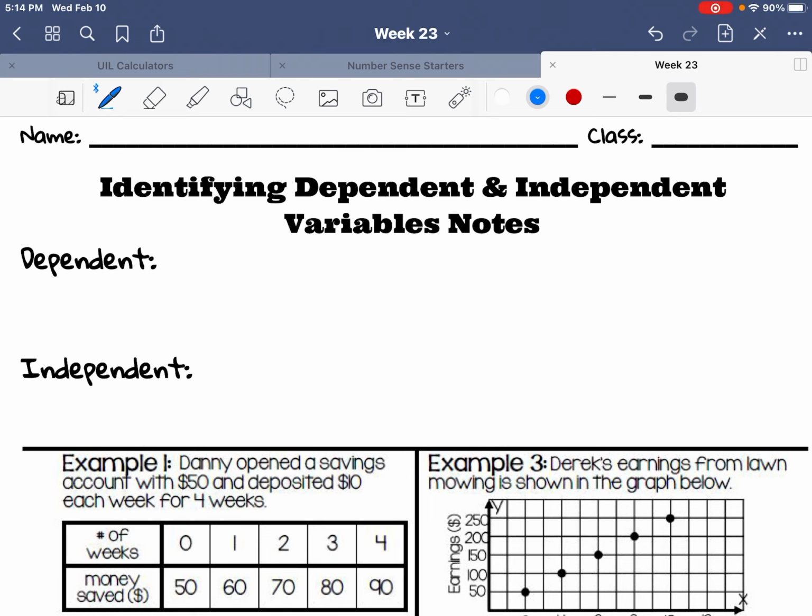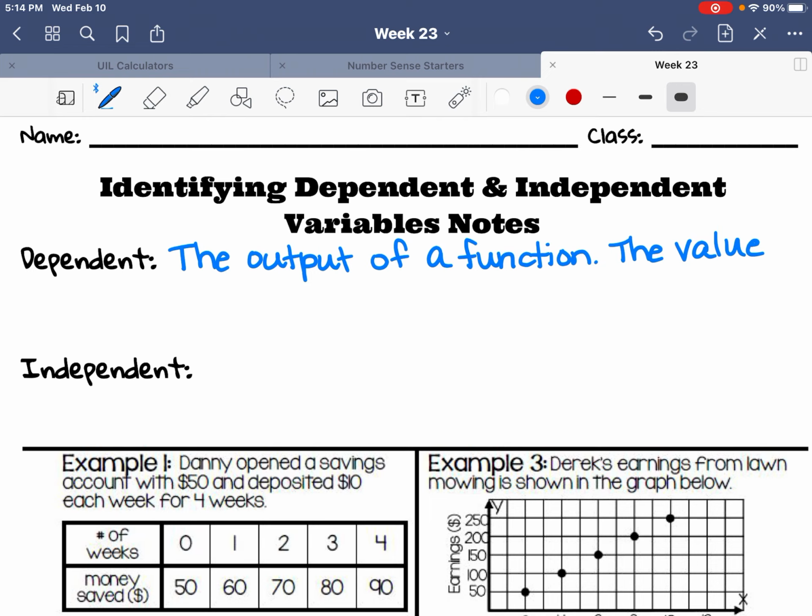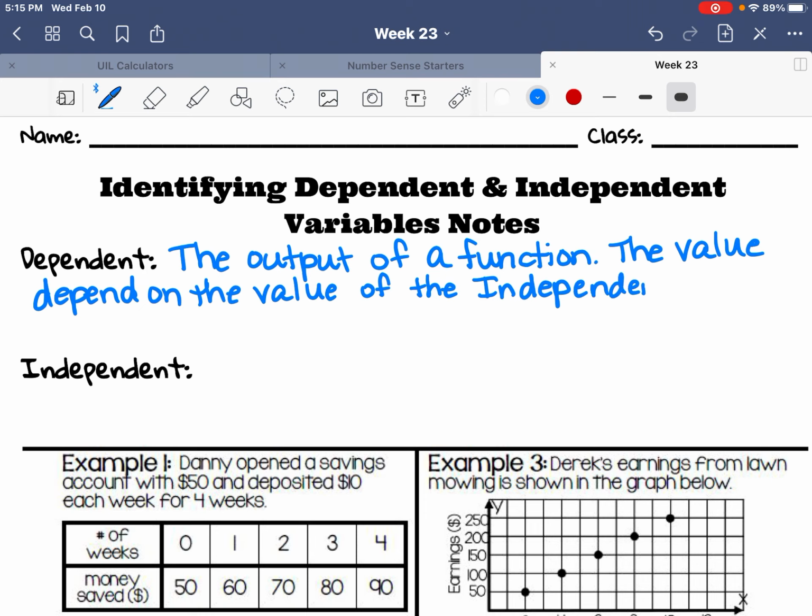The dependent variable is the output of a function. Its value depends on the value of the independent variable.